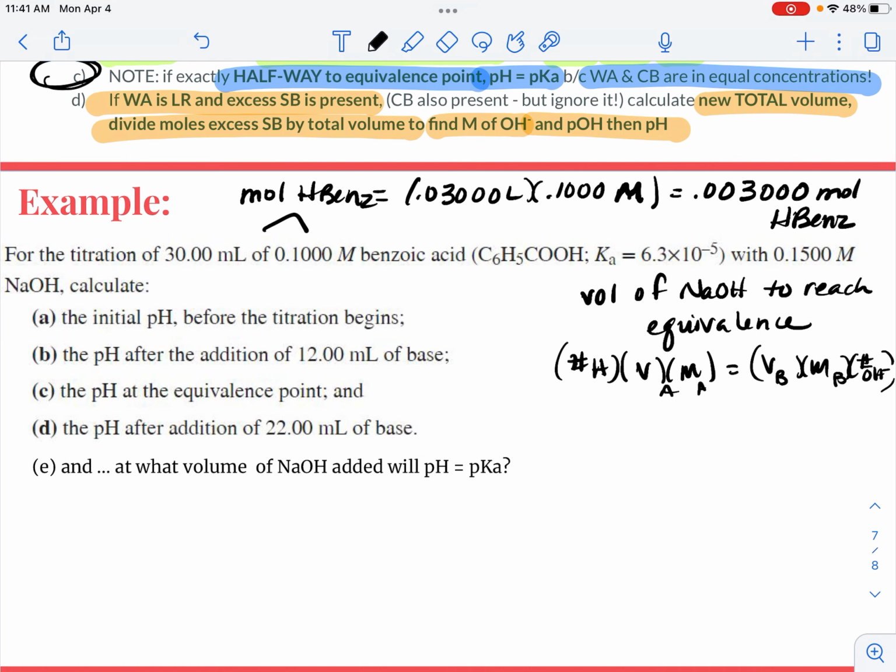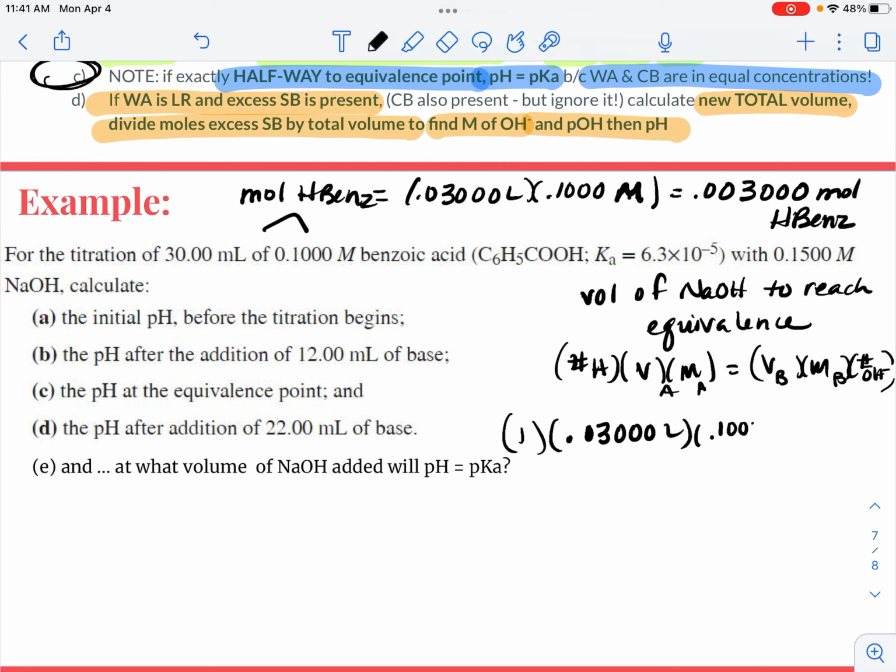Okay, so I'm going to set this up with the volume. Now it has to be in liters, or actually it could be in milliliters, but I might just do it always the same for you. So 0.03000 liters, 1 hydrogen in benzoic acid. You're always doing 1 hydrogen in your acids, whether they're polyprotic or not.